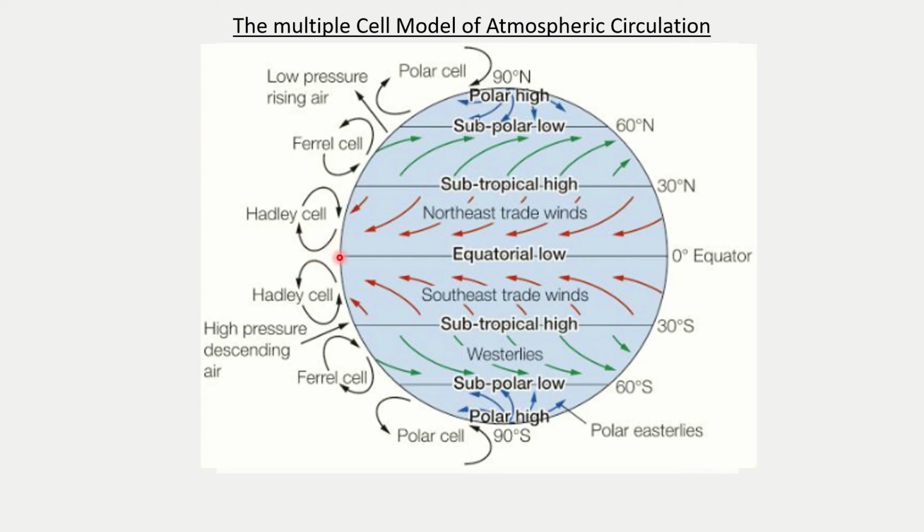Warm, rising, low pressure air. As the air goes through the Hadley cell, it then cools and sinks, and so it is therefore high pressure air, because cold falling air puts pressure on the Earth's surface, and so we have the subtropical high.